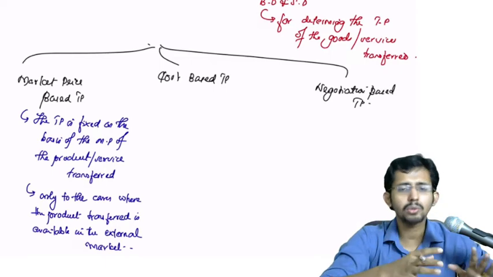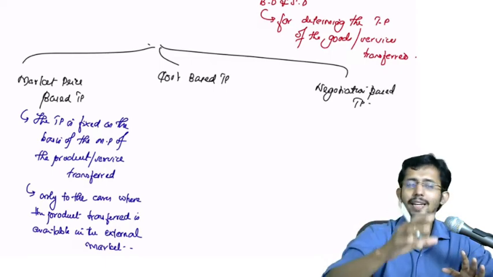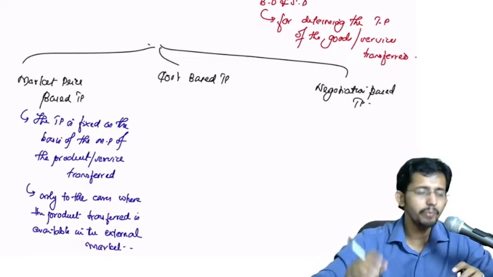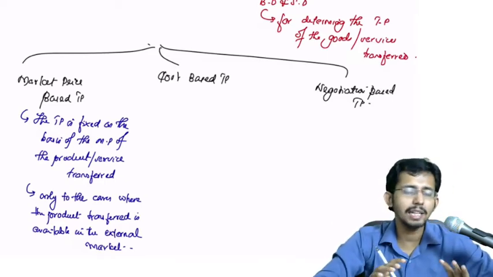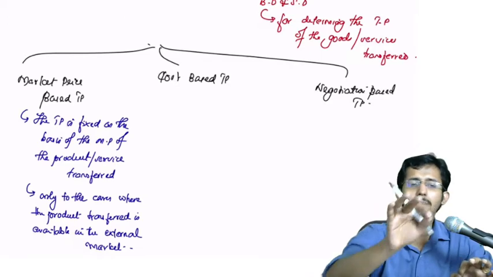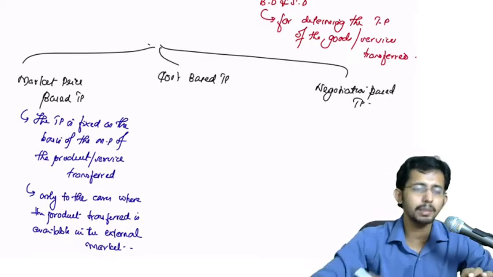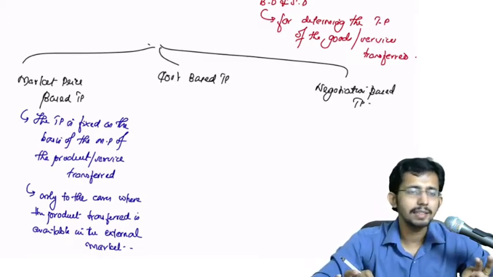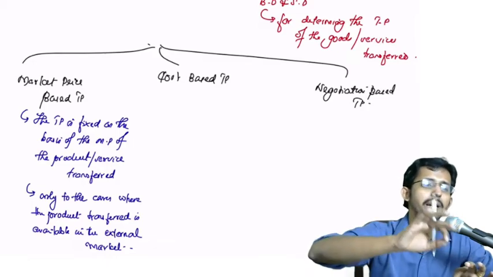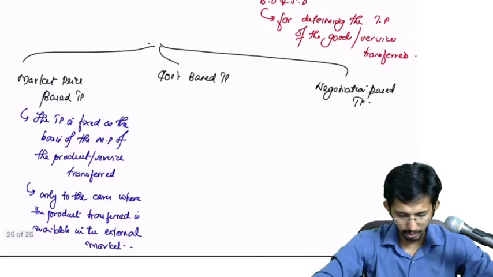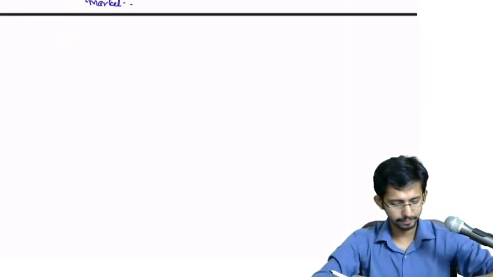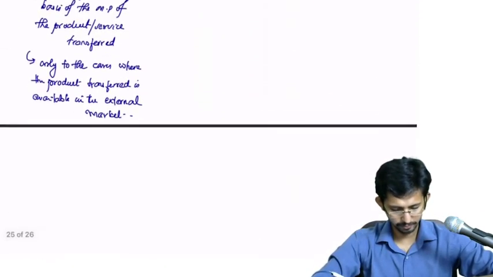You adjust for these costs. Then you get a revised market price which will be taken as a basis for determining the transfer price. I'm not saying that the transfer price will be equal to the market price or such revised market price. It is just that this market price will be taken as a basis for determining the TP. Okay, so that is this question.